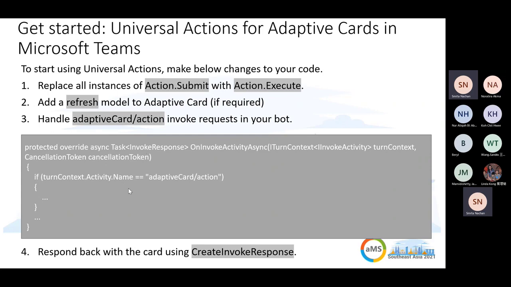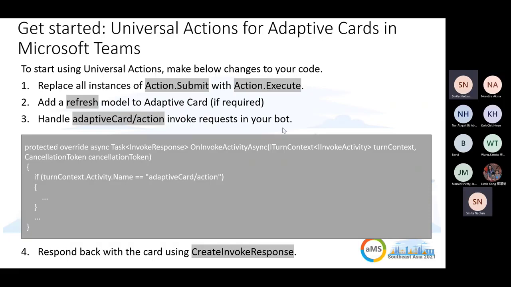Once we handle this particular request, we will see in the demo how we can send only the user specific information to all of your users. And then we can respond back with the card using this create invoke response from the bot, so that every specific user will get his or her own view to deal with.